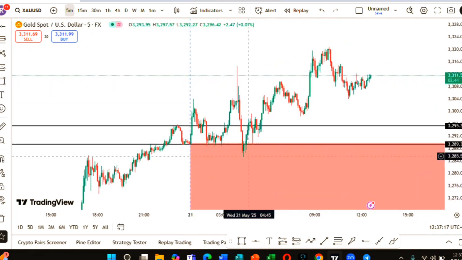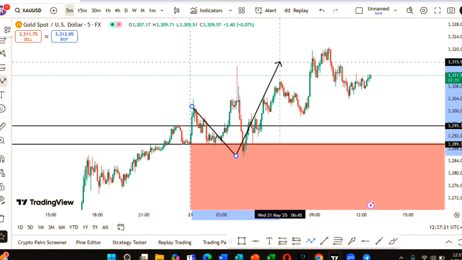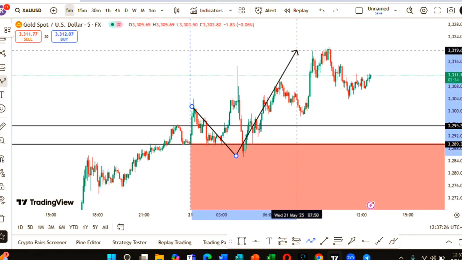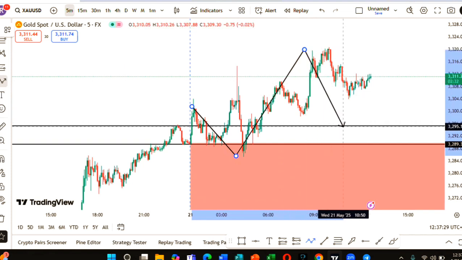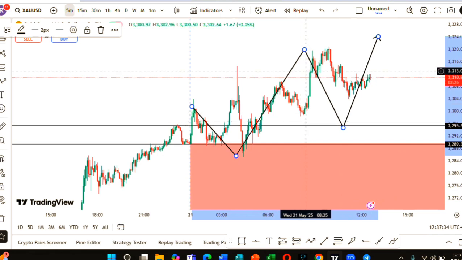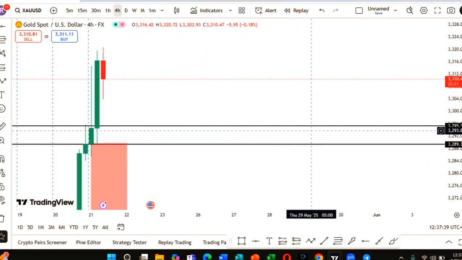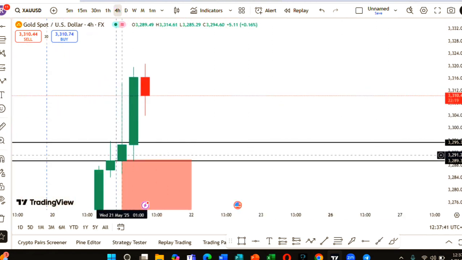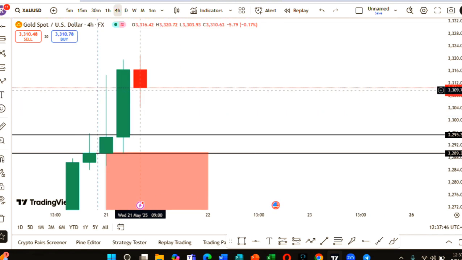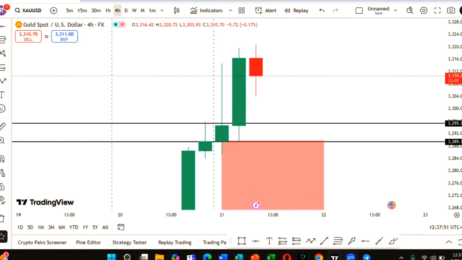As you can see, when the market came to this point, it started buying, but we are supposed to have some sort of retest to this line. So that was what we were expecting. Let's go to the 4-hour time frame and count 1, 2, 3. This candle will close at 1 p.m., so we are going to deal with this second one.